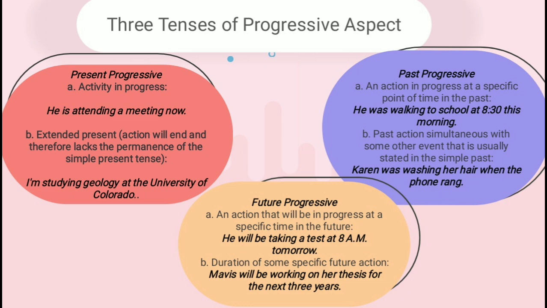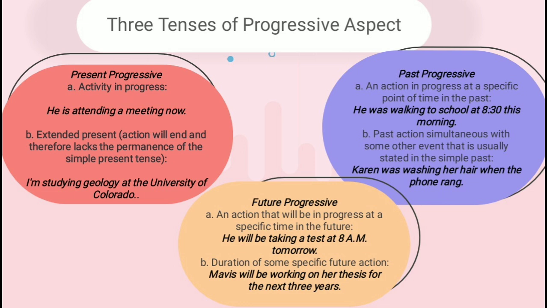So naging past time na siya. And then letter B, past action simultaneous with some other event that is usually stated in the simple past. So for example, Karen was washing her hair when the phone rang. So meron ditong word na was.